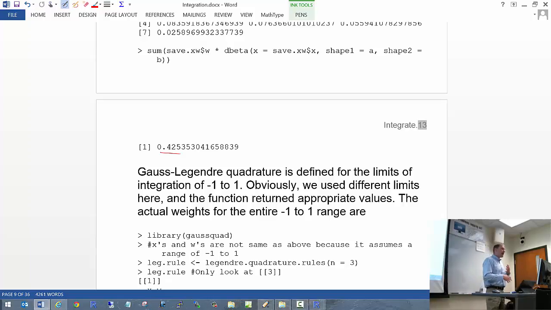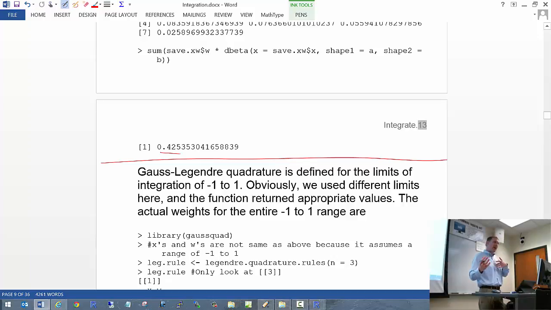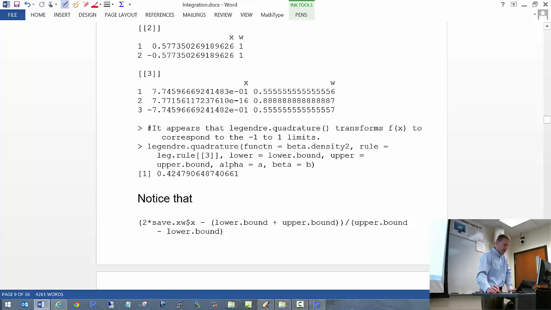Okay, so as I said here, this type of quadrature is defined over a range from -1 to 1. And I go through some details here that you can look at on your own that show how some of this stuff was done.